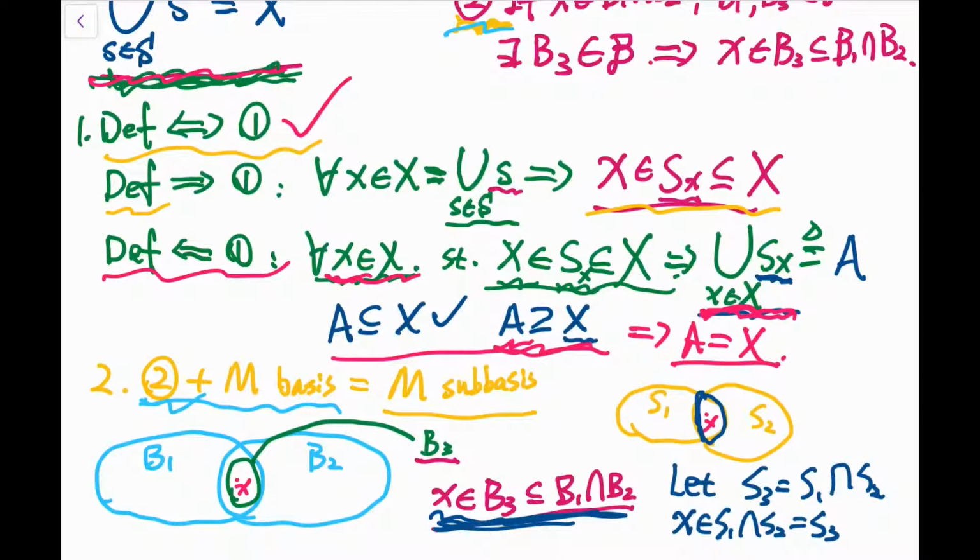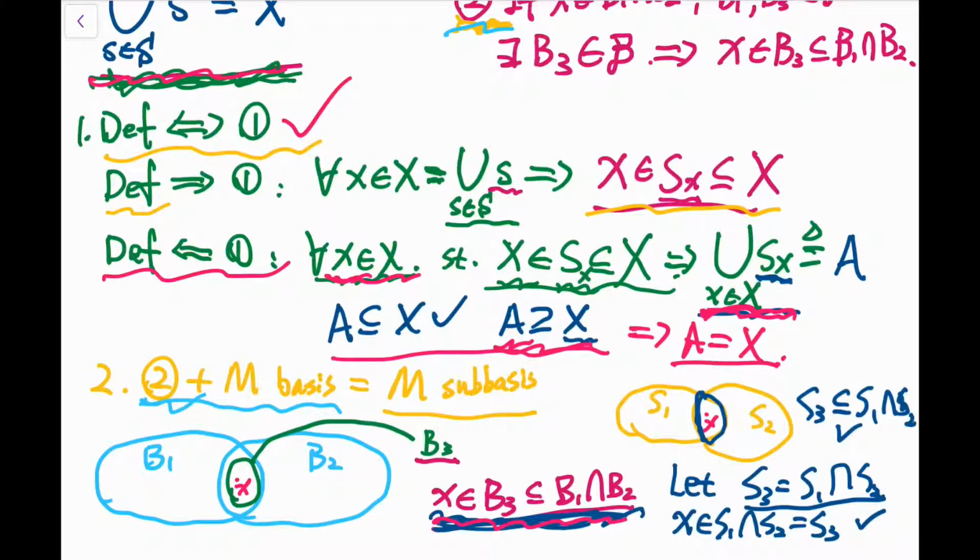And then, because S3 equals the intersection of S1 and S2, it also means that S3 is a subset of the intersection of S1 and S2. So those two things are satisfied, and S3 will always satisfy this relationship.